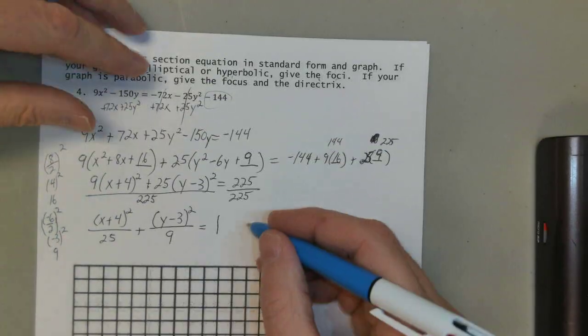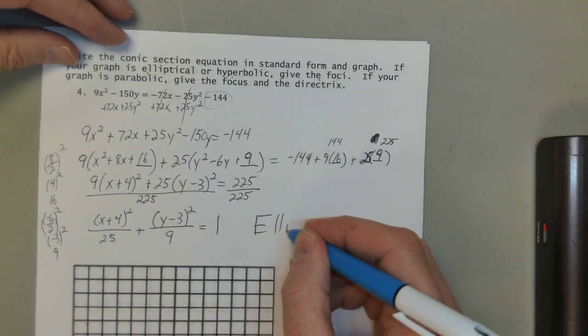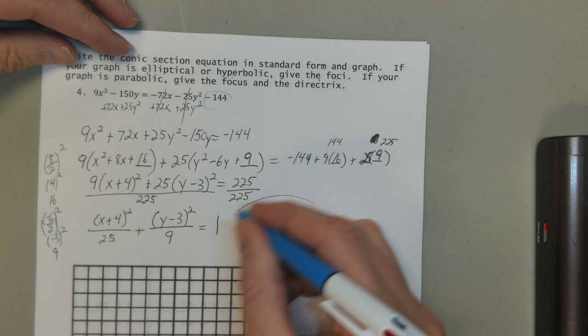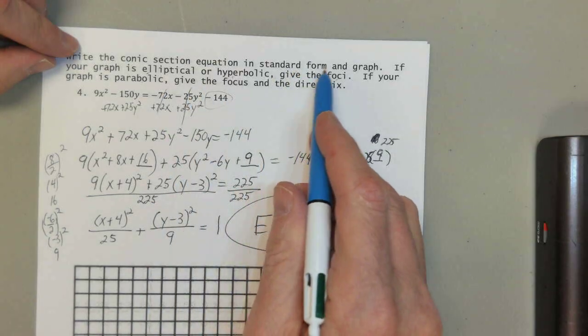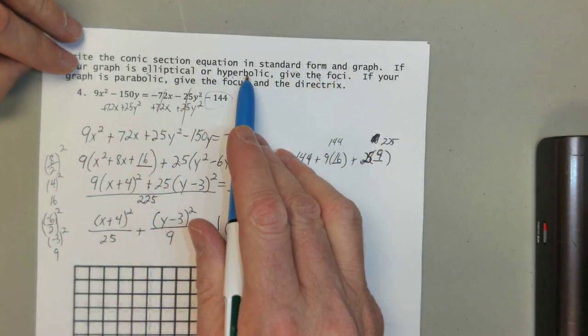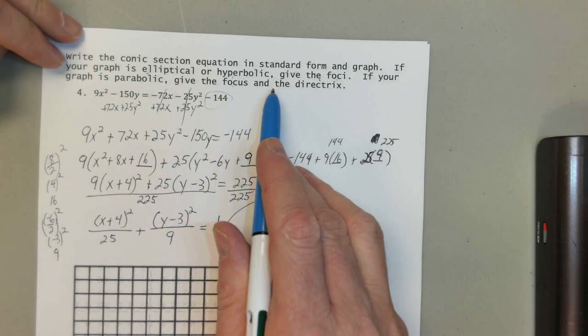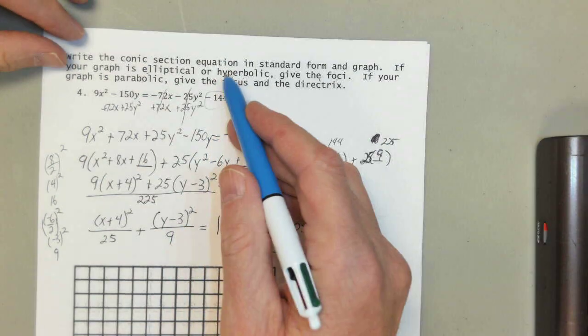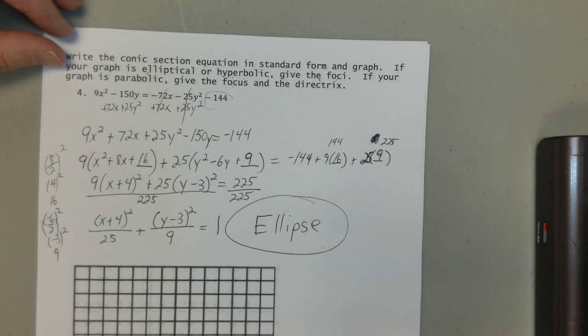All right, so we are talking about an ellipse. That's part of the answer, right? And graph. That should be part of the instructions. But it is an ellipse.